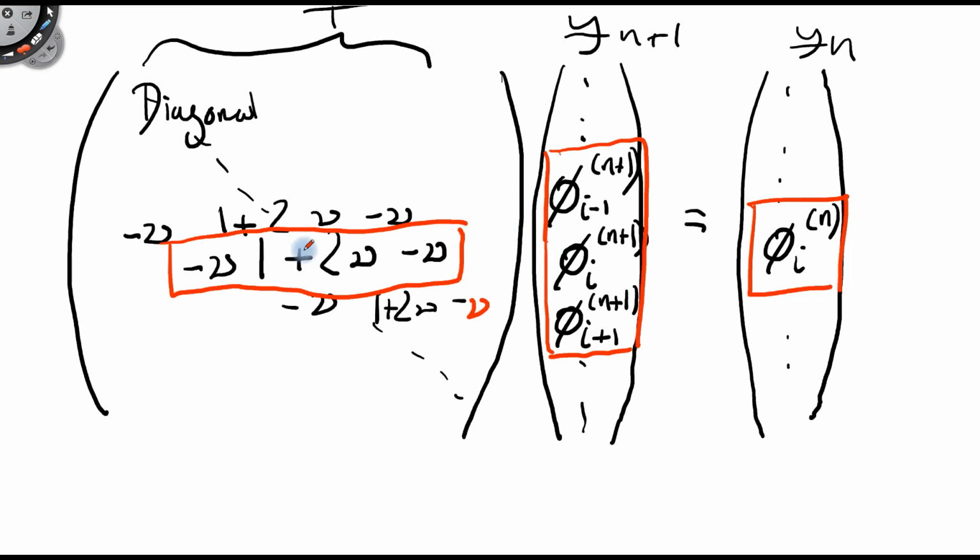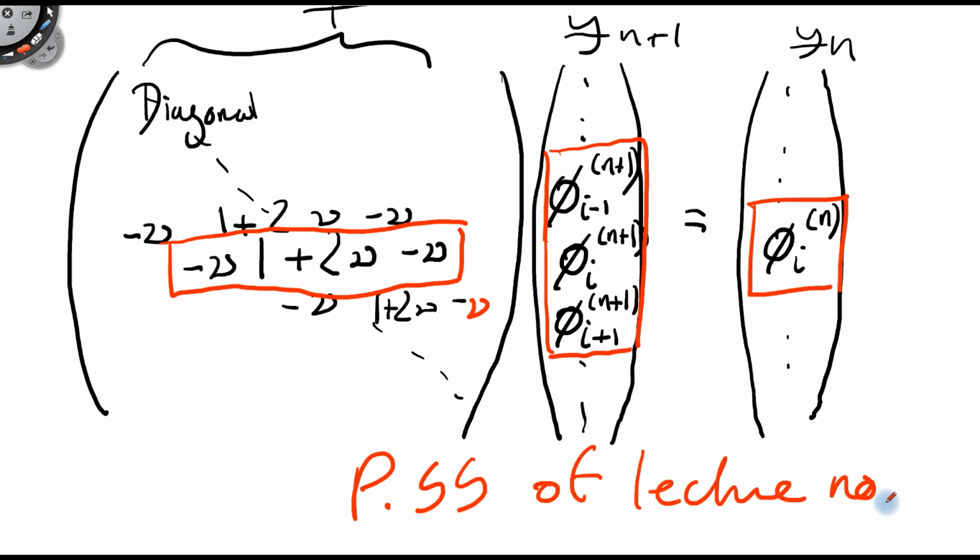What I commend you to do is look at that matrix and see if you can convince yourself that multiplying these three elements by these three elements gives you the right hand side, and that corresponds to the discretization, which is 3 lines above in the lecture notes. This is page 55 of the lecture notes. There's about 100 pages of the lecture notes which carry on through to the middle of term 2. So we're trickling on with the information now.